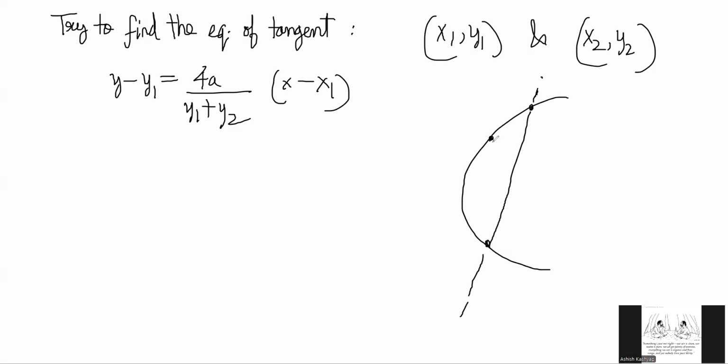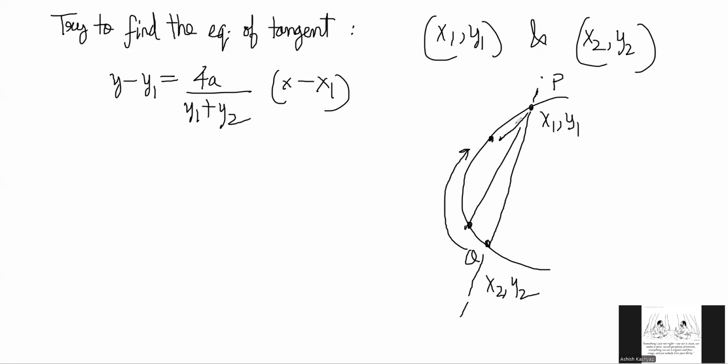But if you think about it, this is (x2, y2) and this is (x1, y1). I'm saying bring Q, which is (x2, y2), closer and closer to P. Then the chord line starts changing, right?